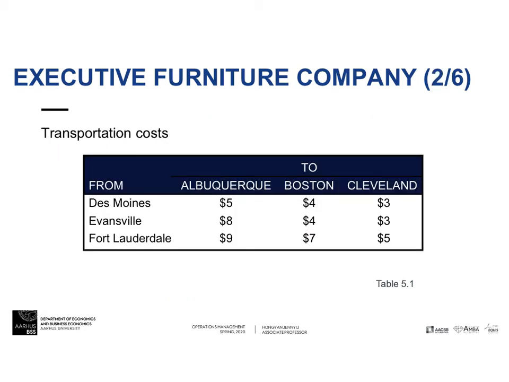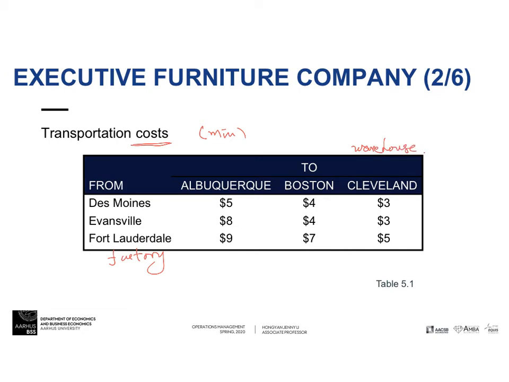So in order to solve this problem, it's necessary to know the costs. In the network problem or the transportation problem, normally we're interested in minimizing the transportation costs. So you can see the estimated cost from each factory to each warehouse.